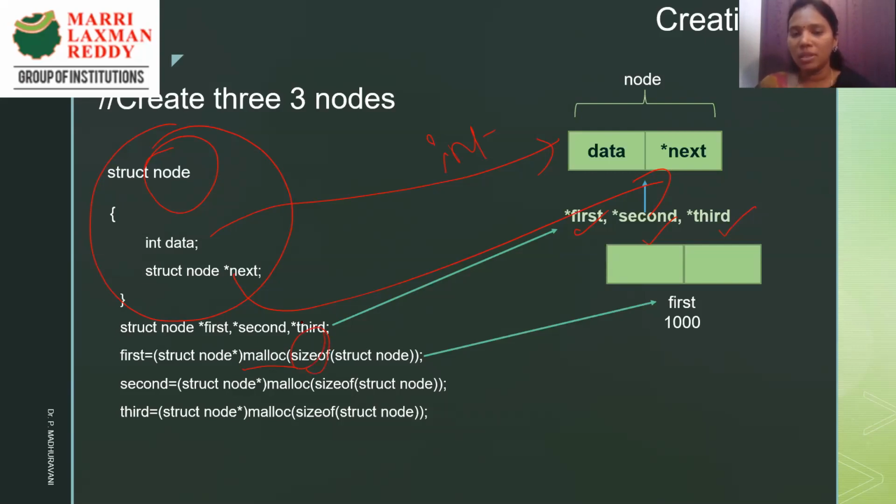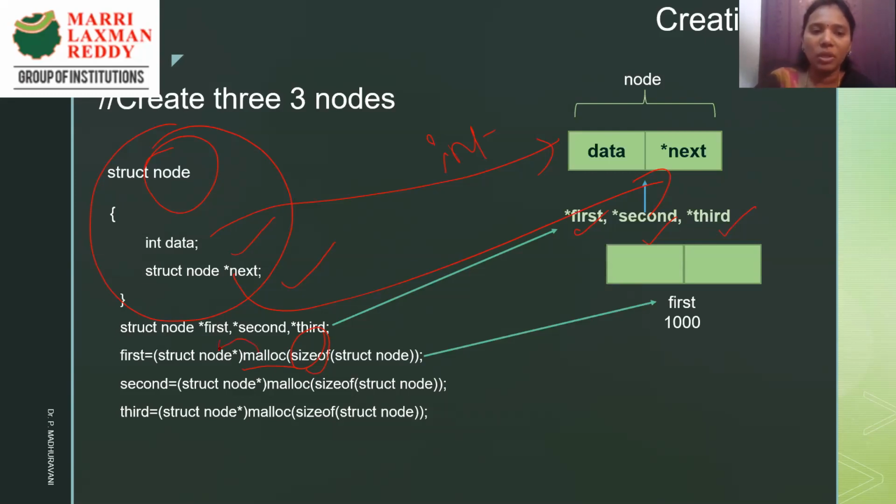Here I am using the sizeof operator to compute the size of the node structure, which has two values, the data and the pointer. So after computing the number of bytes, you pass that many bytes to the malloc function to be allocated during runtime, and this will return a void pointer.